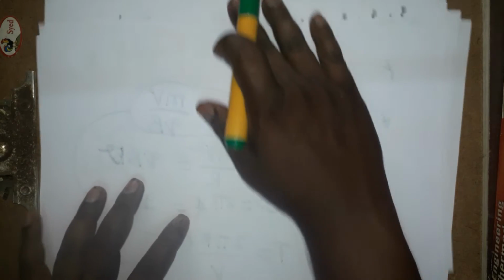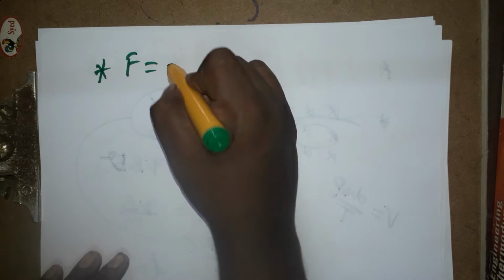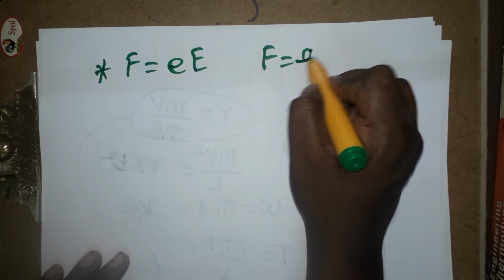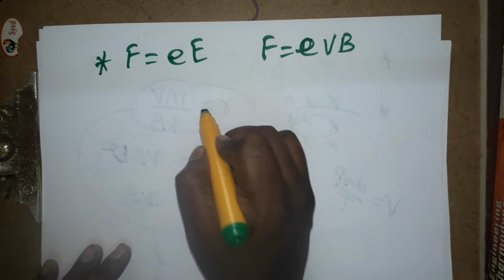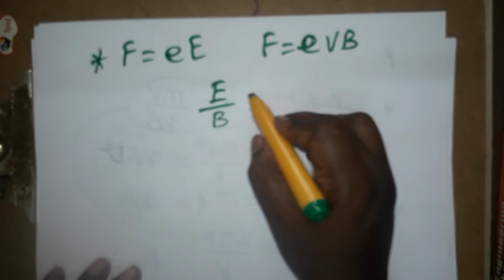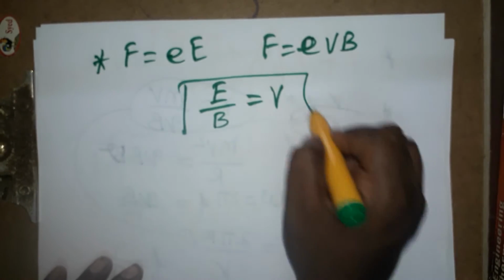Next formula, I am going to give the relation between E, B and C. It's a very important formula. I know force is equal to qE, or force is equal to qvB. When we take the ratio of these, both formulas will be equal, so E by B is equal to c.